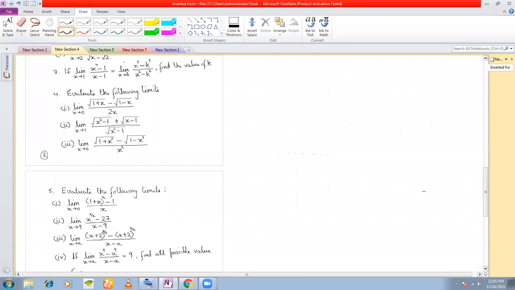Okay, 4 part 1. Here the question is limit x tends to 0 root 1 plus x minus root 1 minus x divided by 2x.